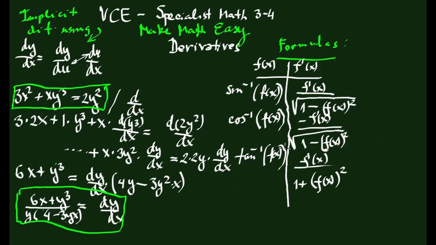So it's f prime of x divided by square root of 1 minus f of x on the power of 2 for the inverse sine.